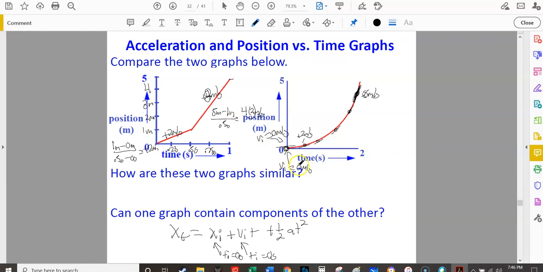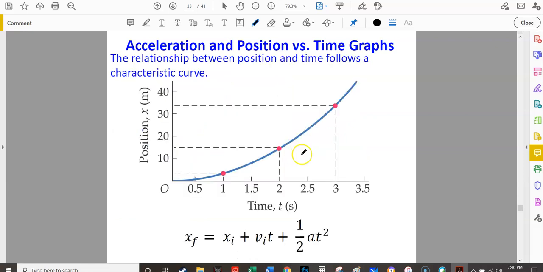So this is a way to look at motion in a position versus time graph and create graphs from that. Now, again, what you're seeing is more of a gradual change over time, and that is how we are creating these curve fits.